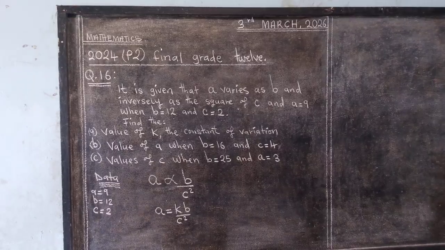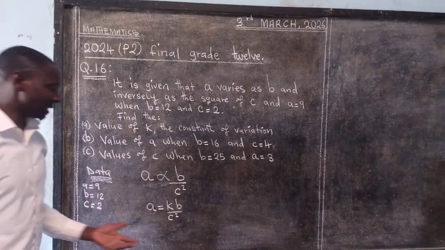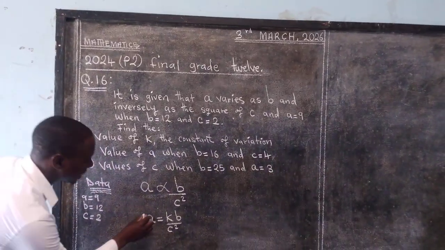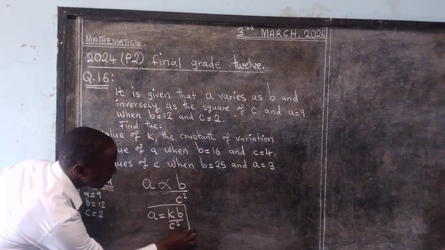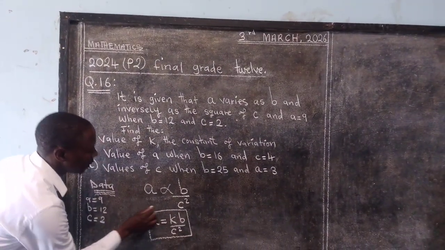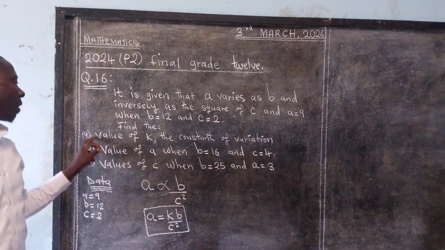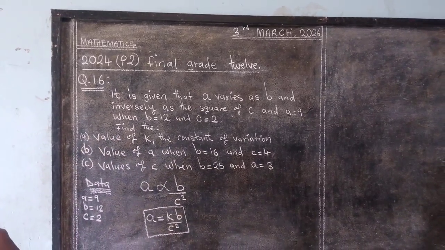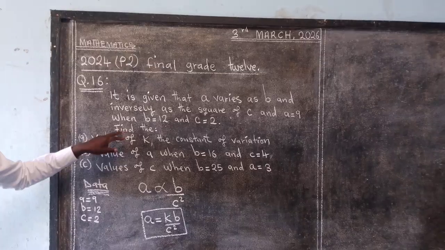Are we together? Then the question says, we have already created the formula. This is the formula that we are going to use to handle our questions here. Are we together? Yes. Let's come to the question now.